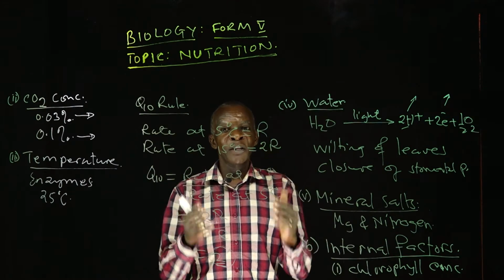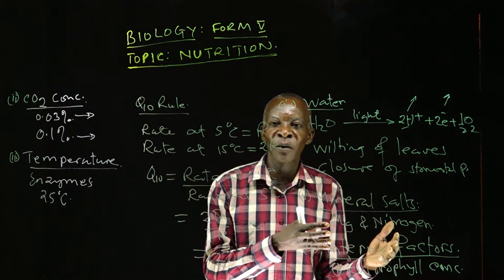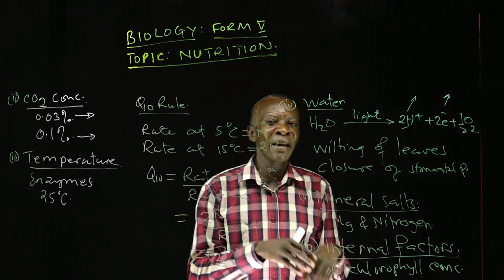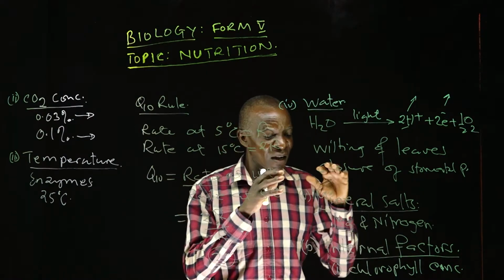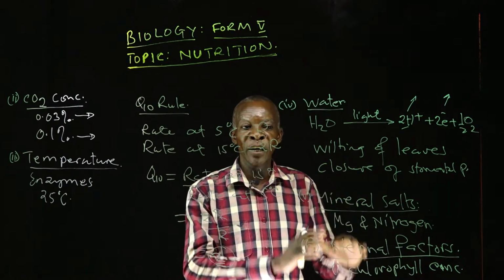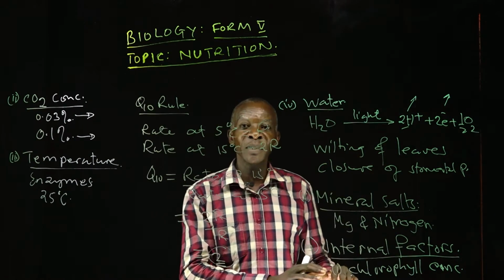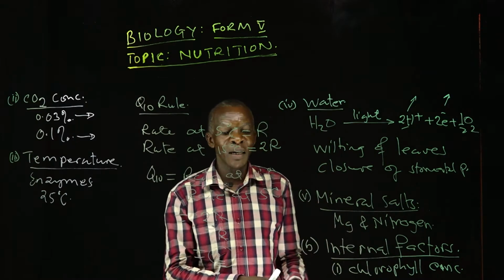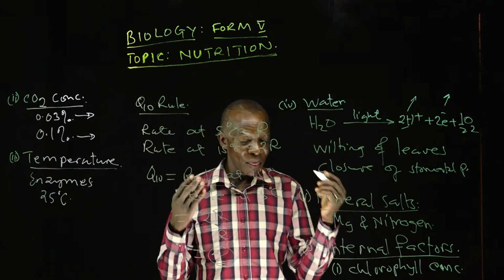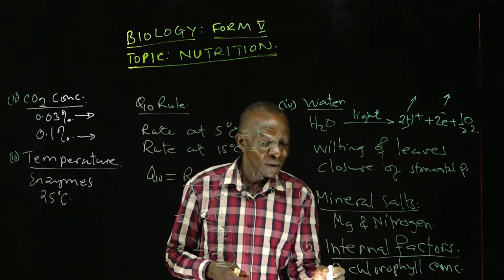So either due to lack of those mineral nutrients, or due to fungal and bacterial diseases, the amount of chlorophyll will go down. When the amount of this chlorophyll goes down, automatically the rate at which photosynthesis is proceeding goes down as well.